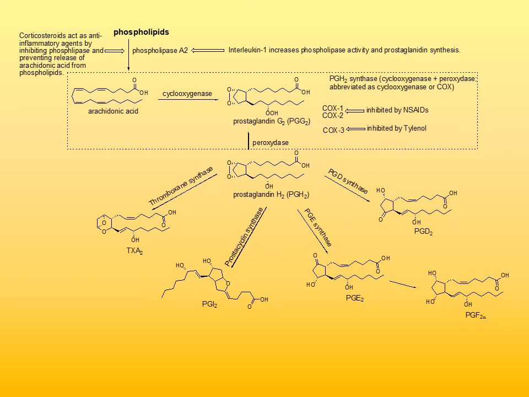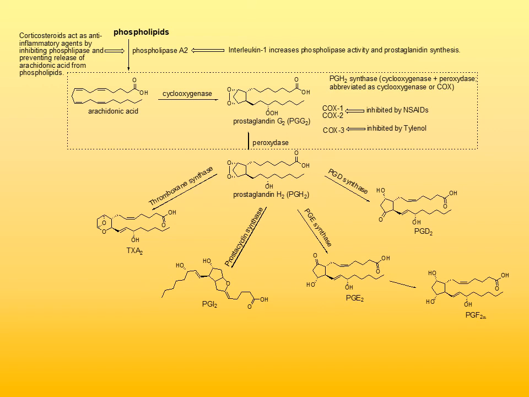So while corticosteroids inhibit synthesis of all eicosanoids, COX inhibitors inhibit only synthesis of prostaglandins and thromboxanes. So they only inhibit the cyclooxygenase pathway.